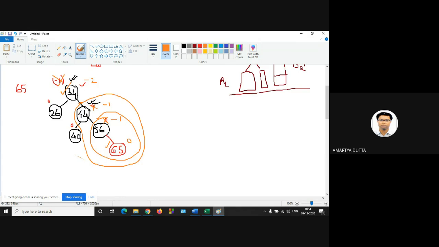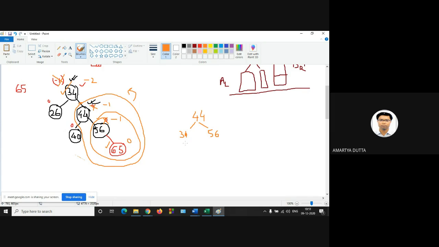Okay, so what is the appropriate rotation? So 44 is your B. For 44, there is an RR rotation. So 44 is the root, and 34 is in the left of 44, and this is your 56.